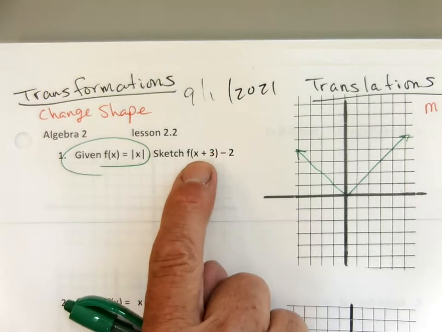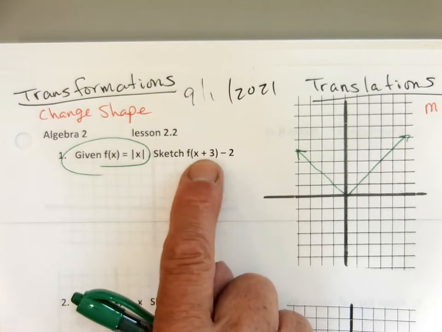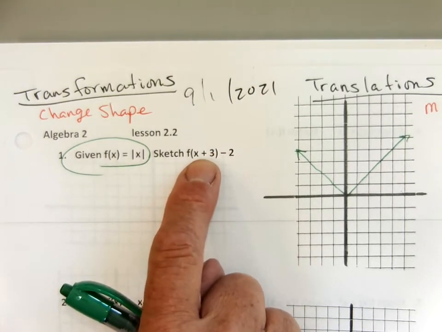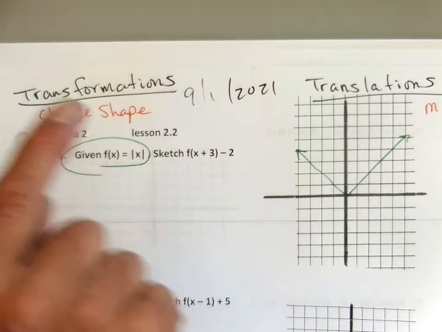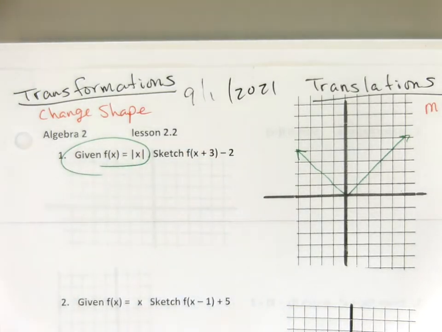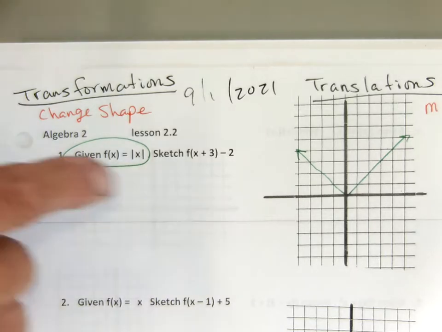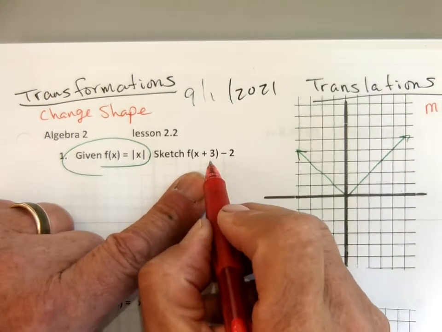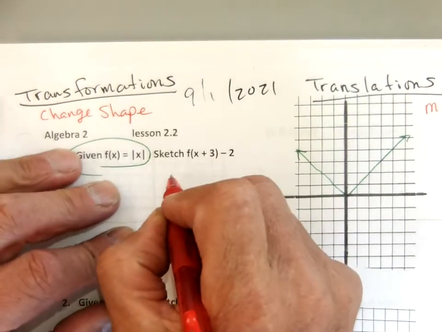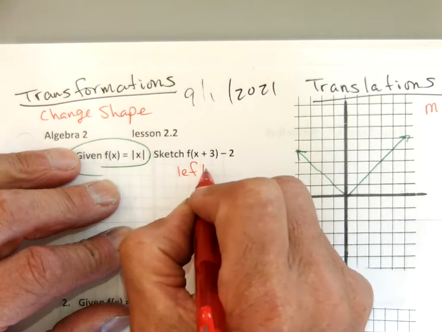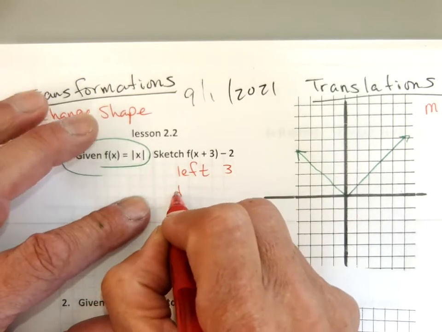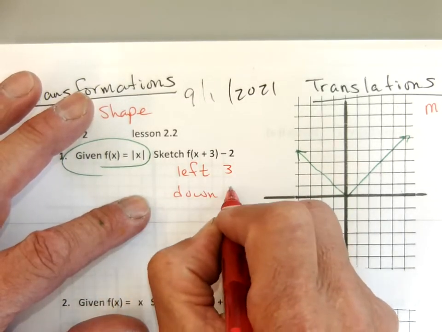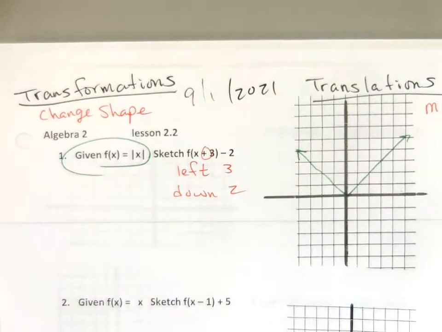This is a question. It's telling you how to move it, okay? We're going to take this graph and move it to the left 3 and down 2, opposite the inside, right?